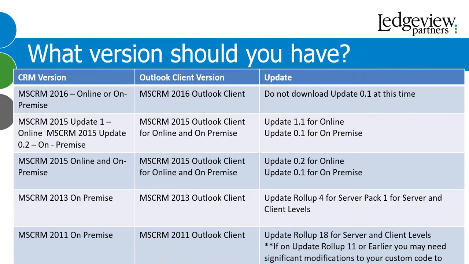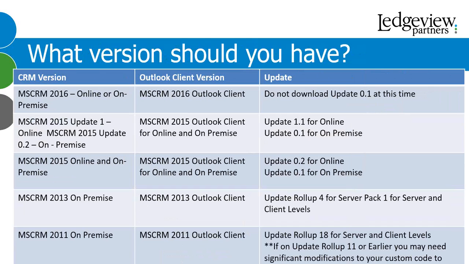There is no 0.2 Outlook client update, so while you're on that version, it's not that update. If you're on 2015, which is still the older navigation, you're still going to be on the 2015 Outlook client because you are into that year version. You're going to use Update 0.2 for online and continue with Update 0.1 for on-premise.